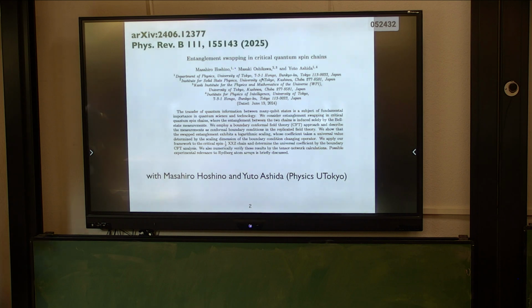I'm not an expert on quantum information, so I encountered this terminology for the first time when I tried to solve this problem. So first I want to explain what entanglement swapping means.